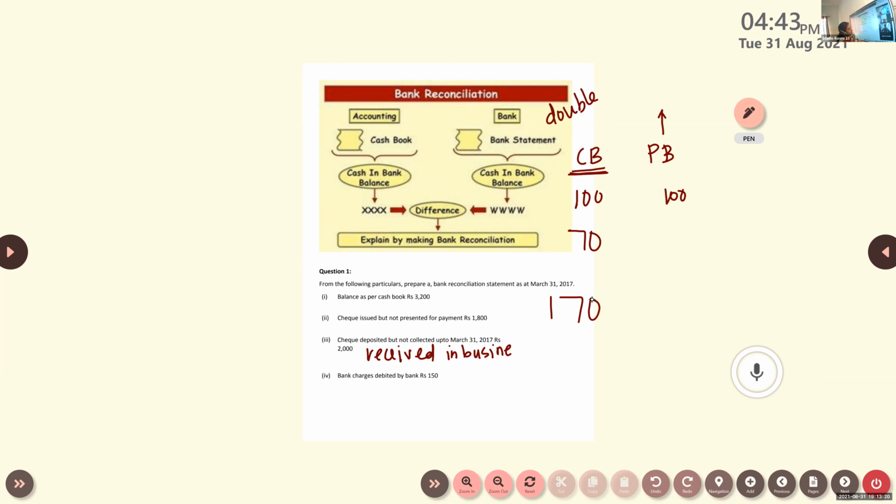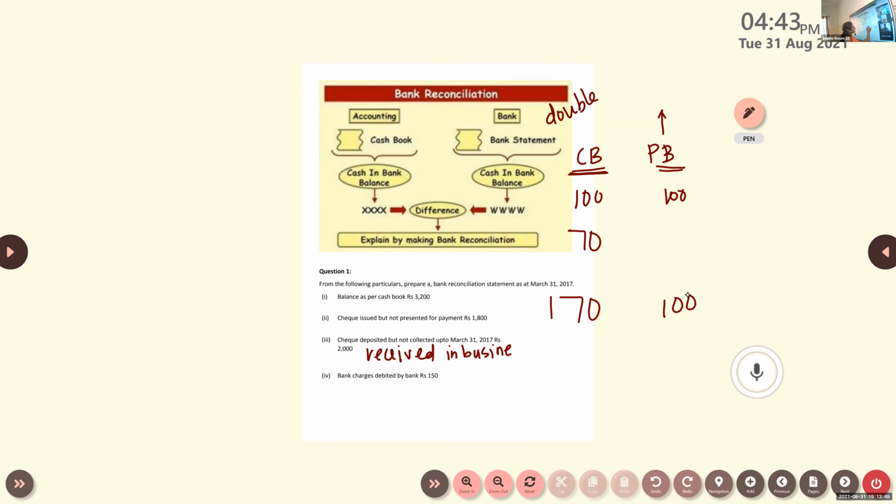But not collected, that means it is not deposited in the bank. The business has received a check, but we haven't deposited it. The amount should be collected from that account. That is not done, so the passbook remains 100 only.